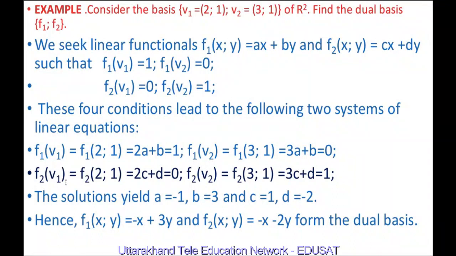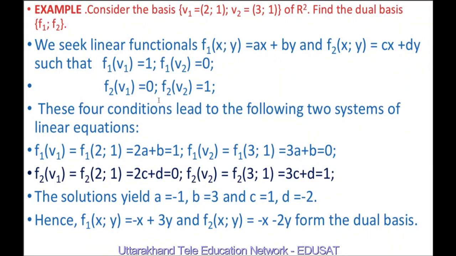Now f2(v1), v1 is again (2,1). So f2(2,1) is equal to cx plus dy, with x equal to 2, y equal to 1. So 2c plus d equal to 0, because f2(v1) is equal to 0.